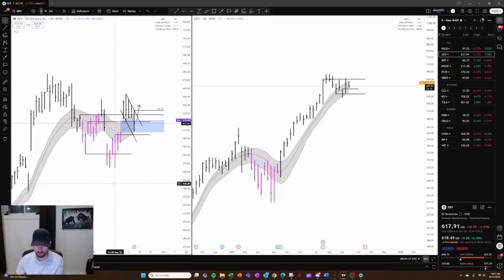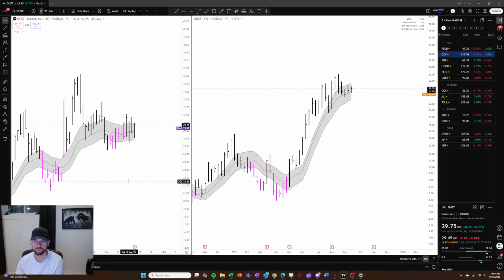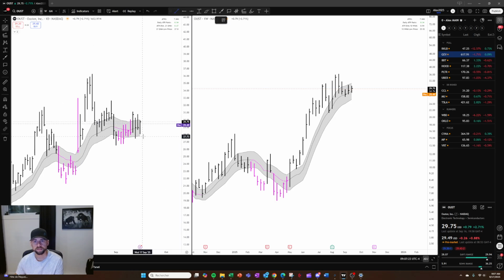What do I think about Ooster? Yeah, it's looking good. We have that reversal pivot and shakeout action off the lows. We have that 21 DMA reclaim-ish with a backtest.